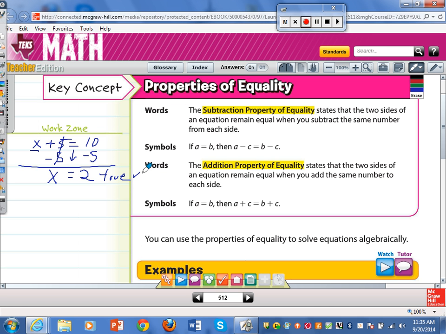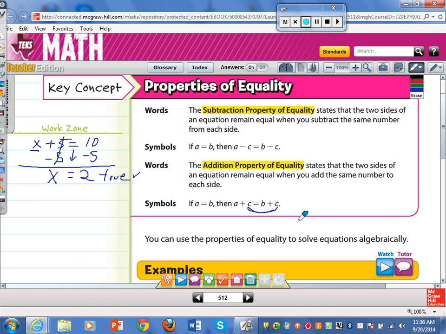All right. Now the addition property of equality states that the two sides of an equation remain equal when you add the same number to each side. Same process. You have some expression A equal to some expression B. Then if you add the same number to both sides of the equal sign, you should get another true statement.